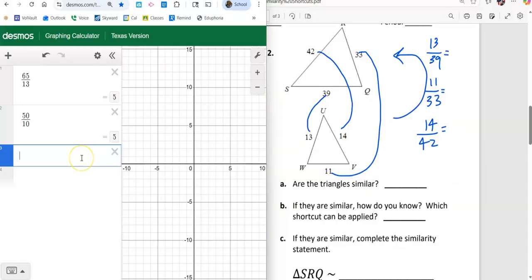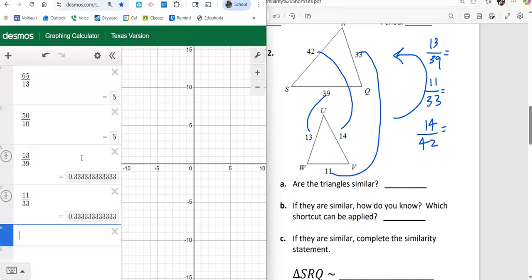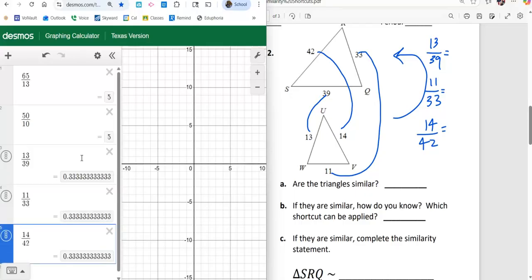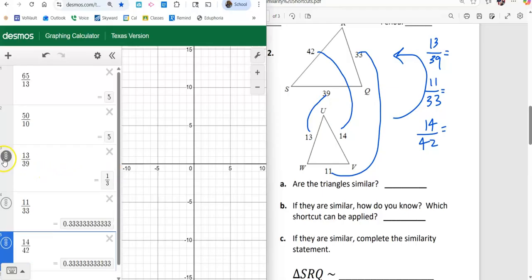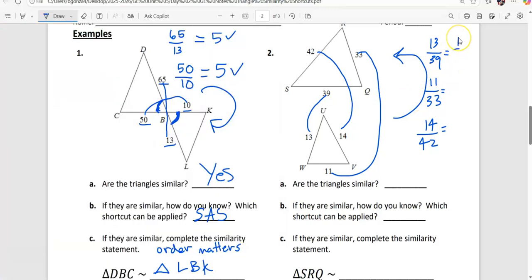So let's find out. 13 over 39, 11 over 33, 14 over 42. Are all three of these the same? Yes, yes, yes. By the way, if you click this little circle, it reduces to 1 over 3. This is 1/3, 1/3, 1/3. So since all three sides give me the same fraction, that's called proportional. We can call it, yes, similar, because of side, side, side similarity.